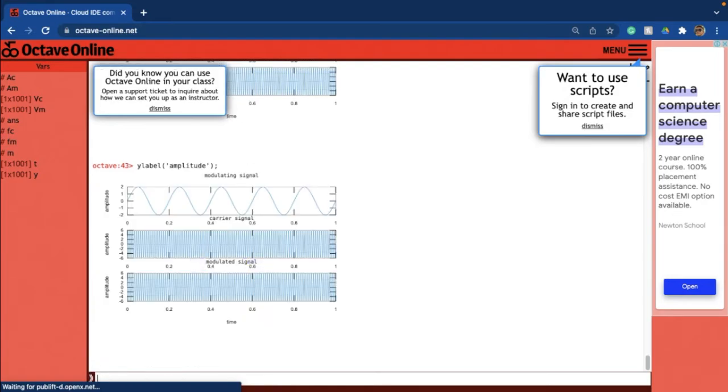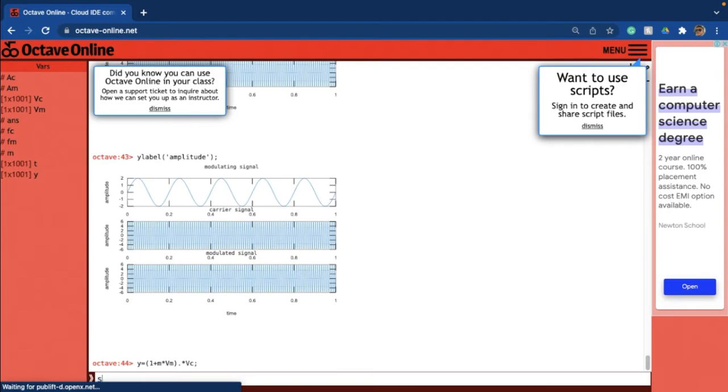Now my modulated signal Y is equal to 1 plus M Vm dot, this is into Vc. Subplot 413.